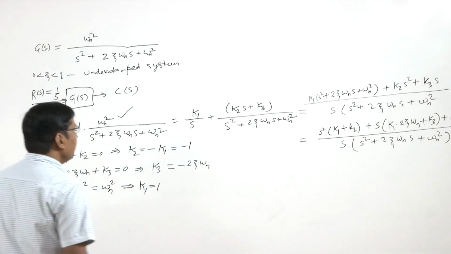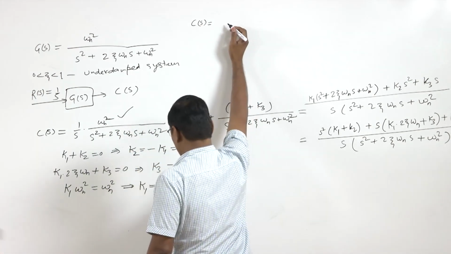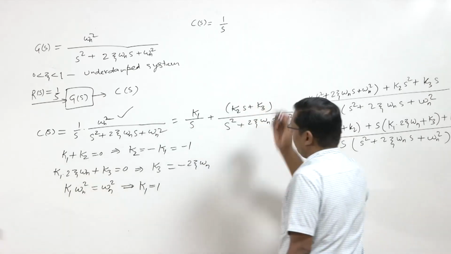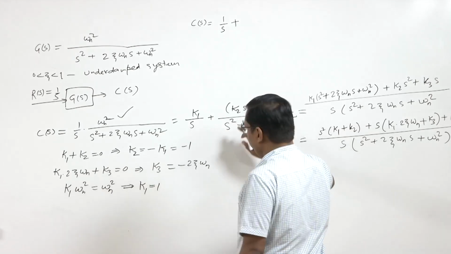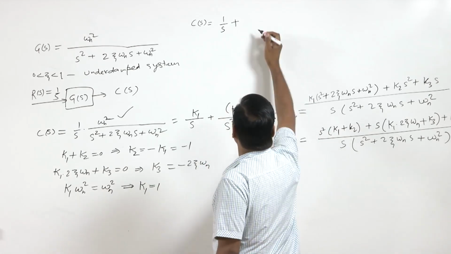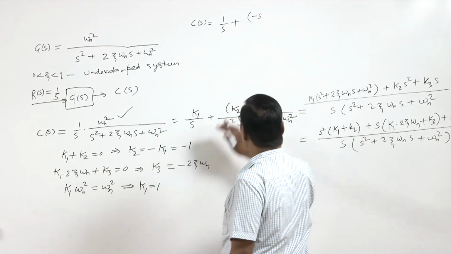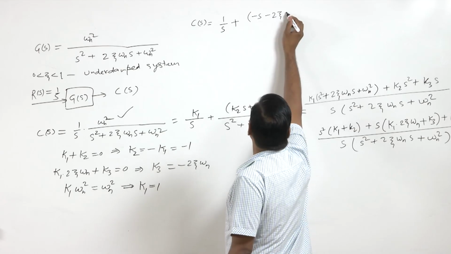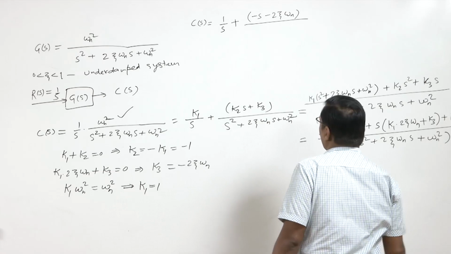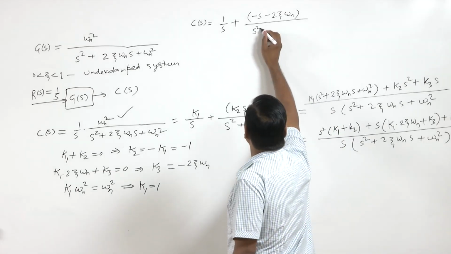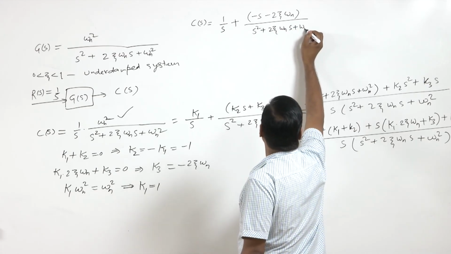So we can write C(s) equal to 1 by s plus, so k2 is minus 1, so minus s, plus k3, k3 is minus 2 zeta omega n, upon s square plus 2 zeta omega n s plus omega n square.